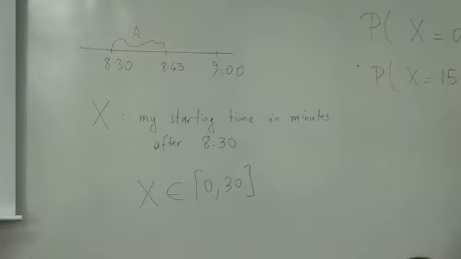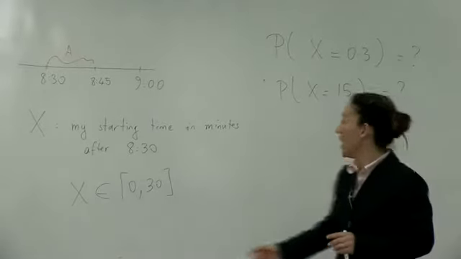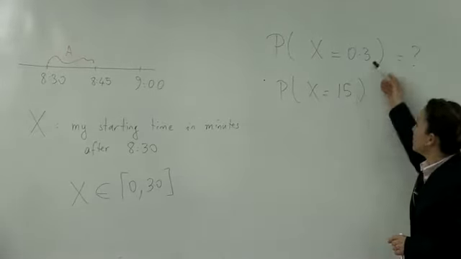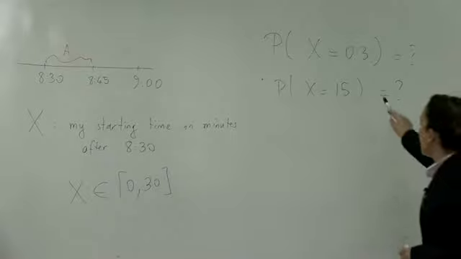Surface area. What do you think? Can X be exactly 15? Yes, it can. But what is the probability of this with respect to this? Do you think they are equal? They are equal. Suppose they are just a constant for every value.